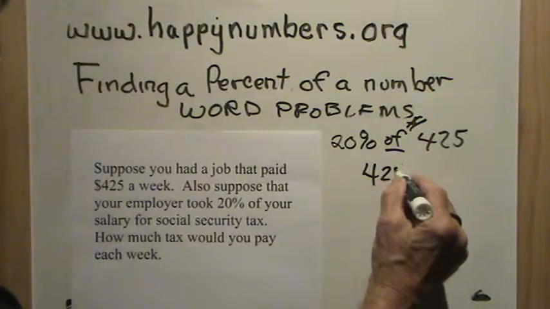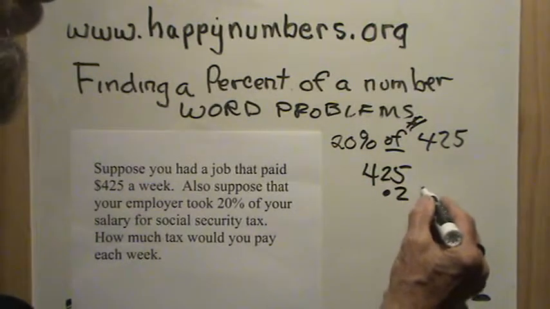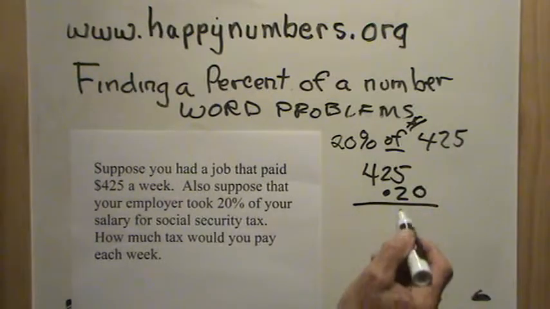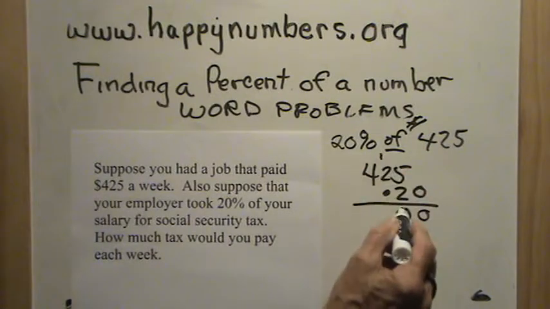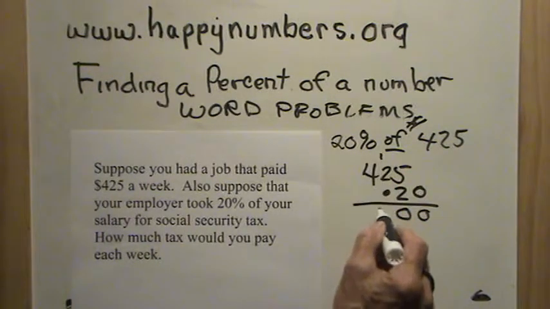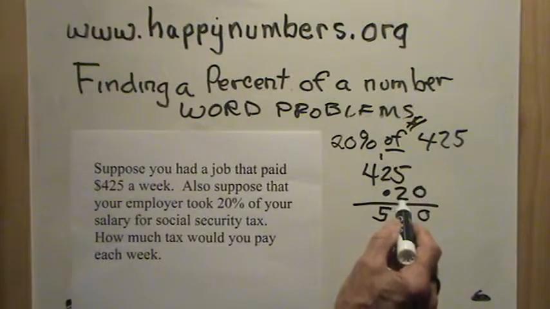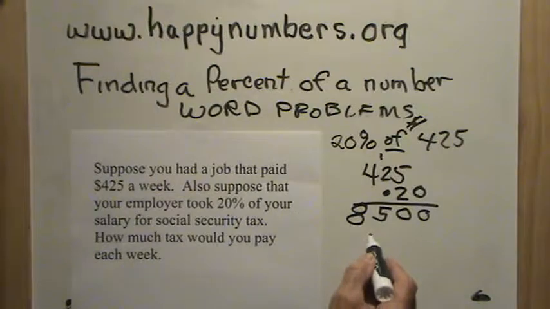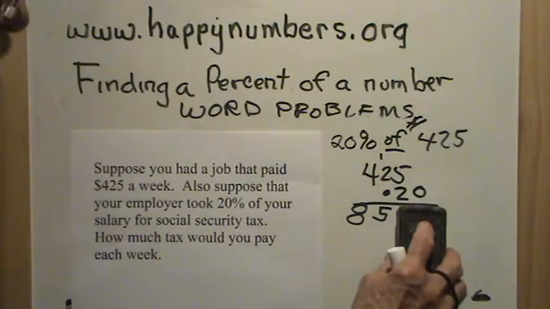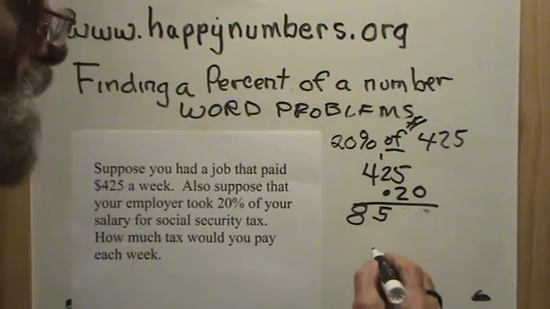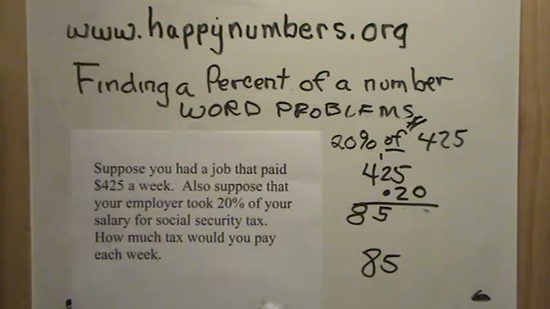So 425, and since I have a 0 at the end, I can put the 0 out there, and I multiply. 2 times 5 is 10, put down the 0, carry the 1. 2 times 2 is 4, and 1 is 5, nothing to carry. 2 times 4 is 8. Count my decimal places, 1, 2, and I know I don't have to put the decimal there because it's a whole number. So if I make $425 a week, $85 is coming out of my paycheck in Social Security tax.